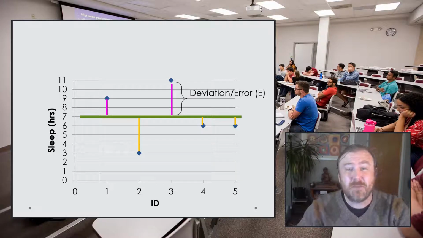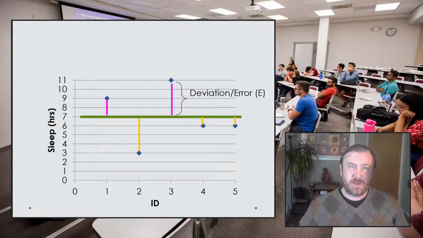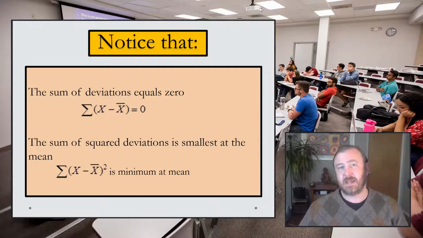So the mean minimizes the sum of the squared deviations. And so this is why the mean is going to be our best guess in the absence of other information. So notice that the sum of the deviations in that picture equaled 0, and the sum of the squared deviations was smallest at the mean.